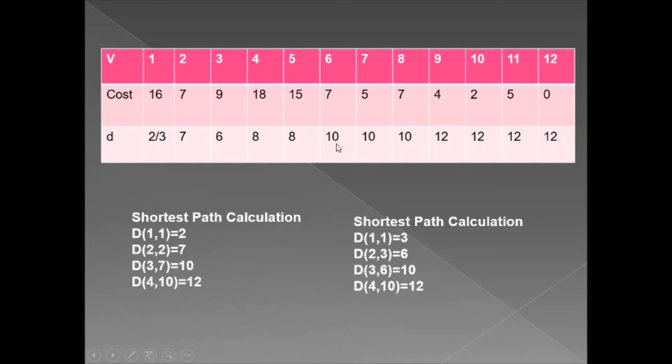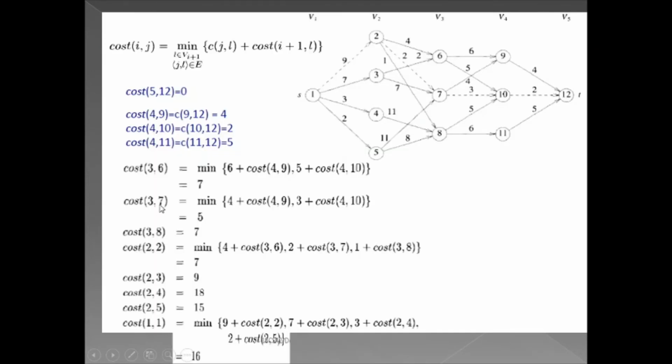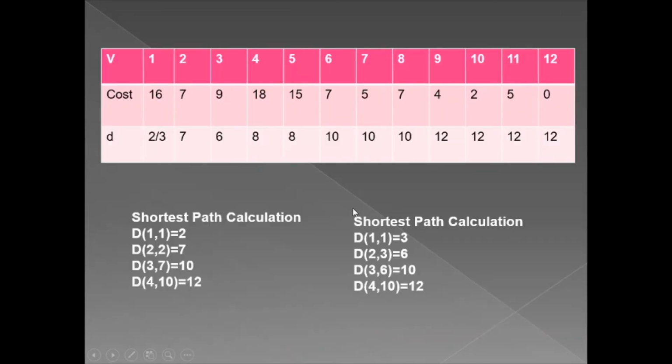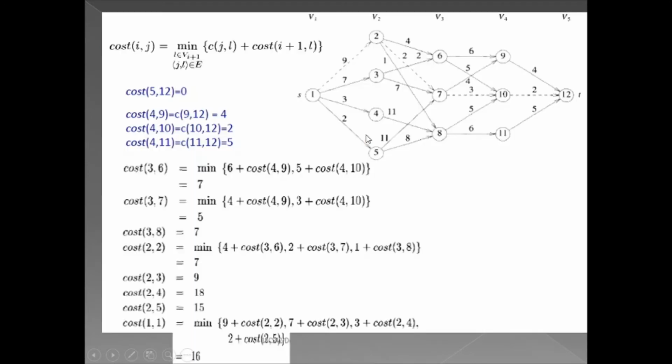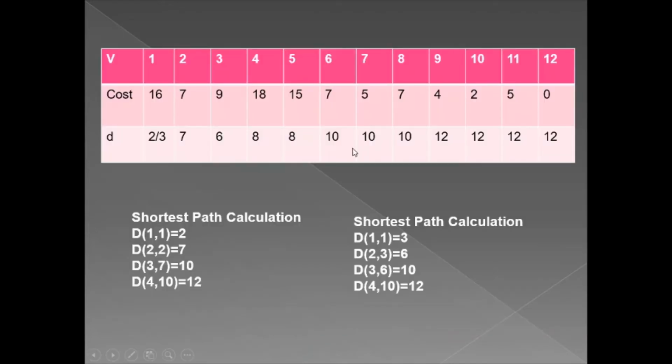Vertex 7 has also got minimum weight because of vertex number 10, hence we write 10. Same thing, vertex number 8 has also got a minimum cost by vertex 10, hence it is 10. We are going to write it in the destination entry.